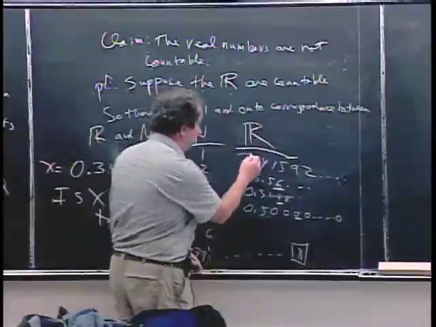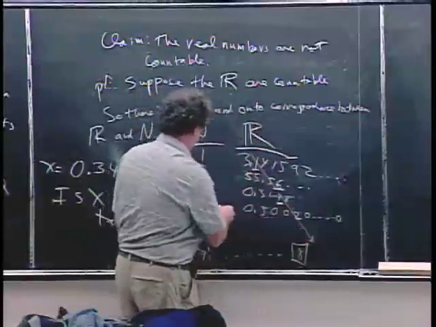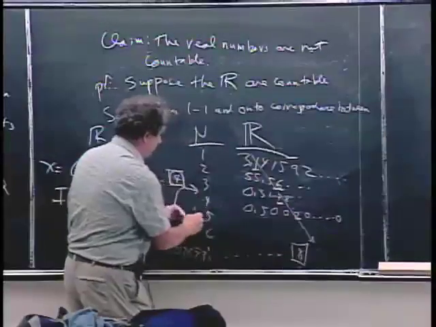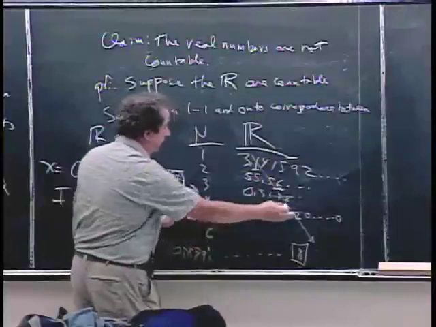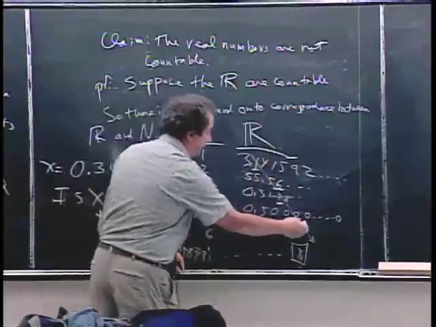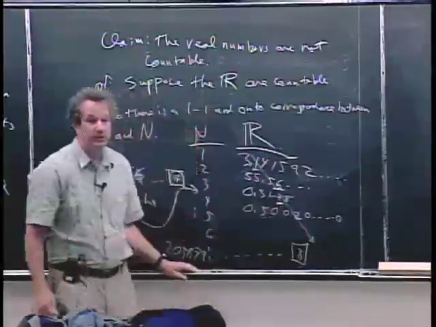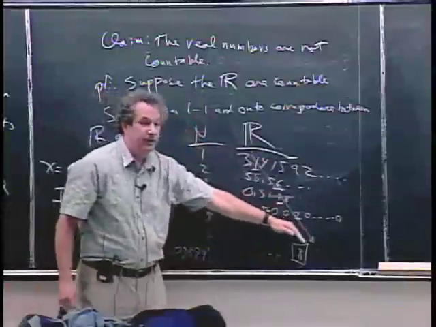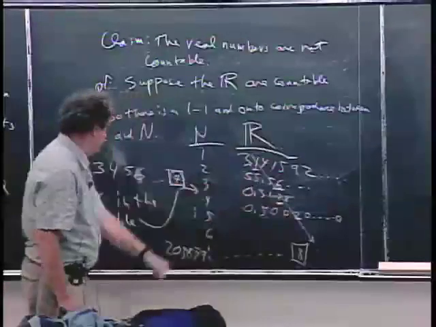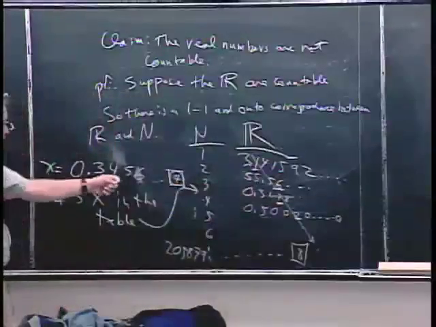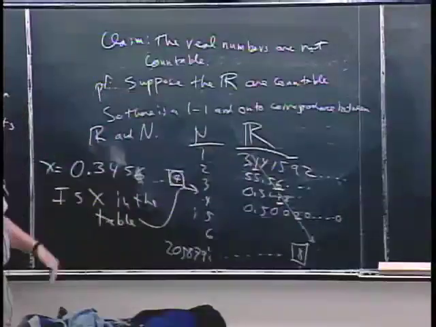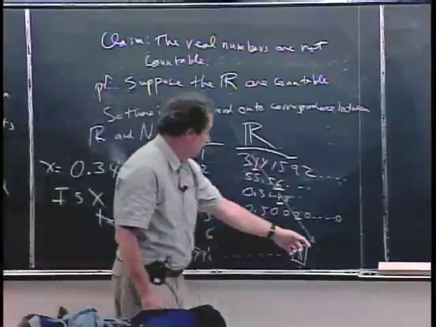It's the ith number, or the ith row in the table, and the ith digit after the decimal place. So we're going down the diagonal, and we're setting the digit in x to be different than the digit in what we're seeing here.